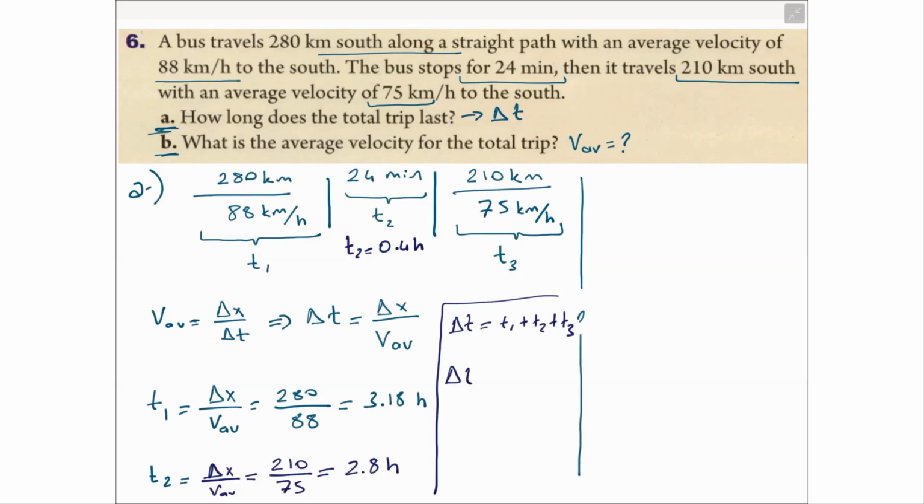So delta t is going to be t1, which is 3.18, plus t2, 0.4, plus t3, 2.8 hours. So finally t is going to be 6.38 hours.